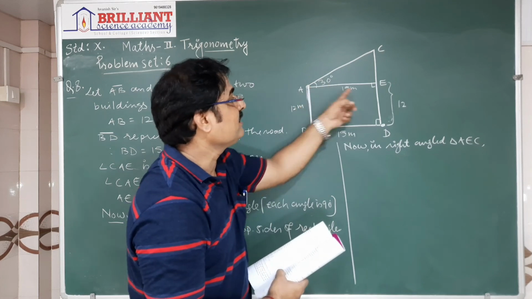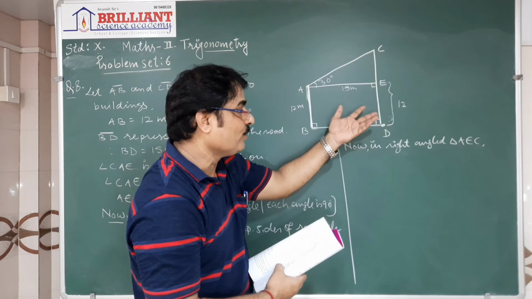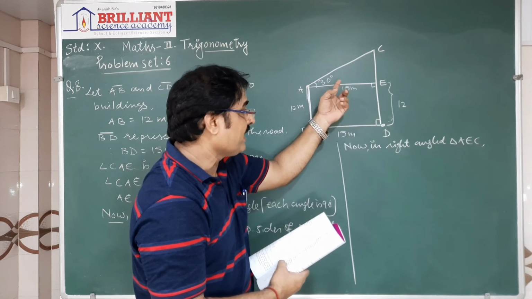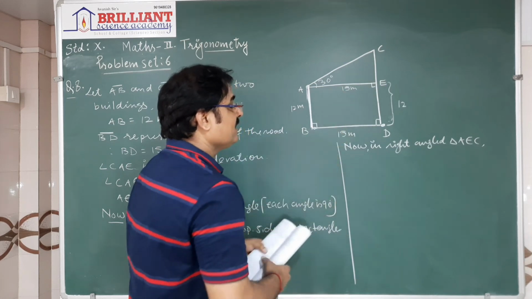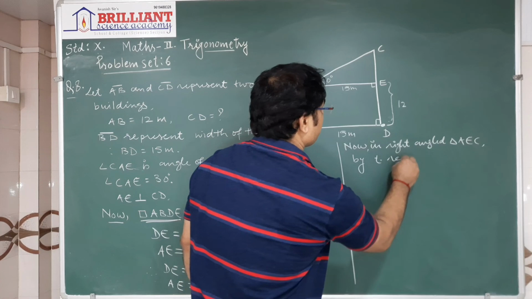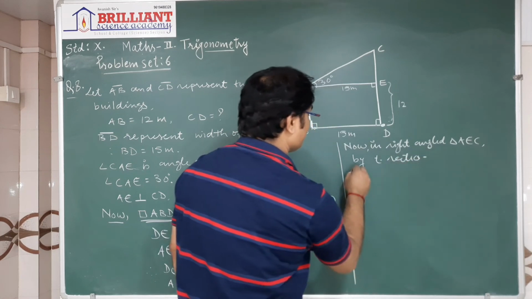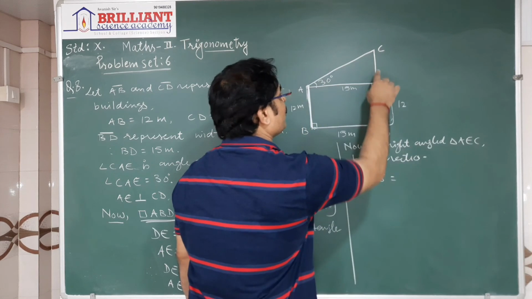So in this right angle triangle, again we apply tangent ratio, because we know that tangent ratio is opposite side upon adjacent side. So by trigonometric ratio, tan 30 degree is equal to opposite side.